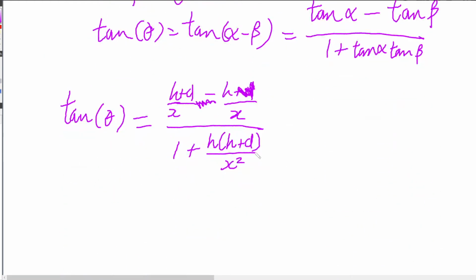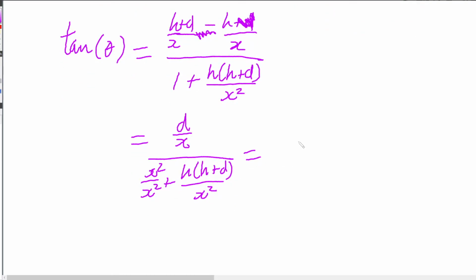Yep. Okay. So to simplify this further, you get h plus d minus h is just d over x, over, well, 1 is x squared over x squared plus h times h plus d over x squared.